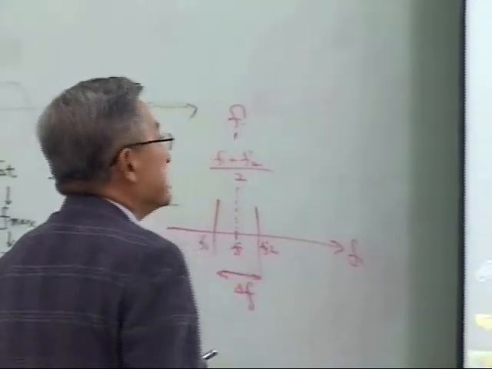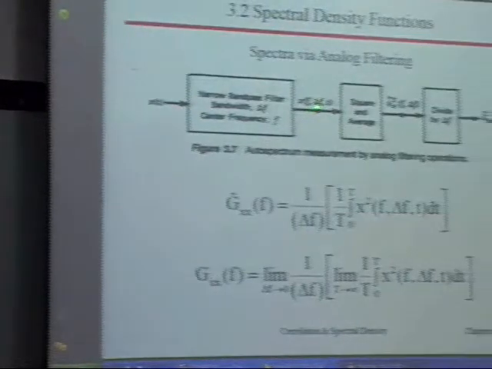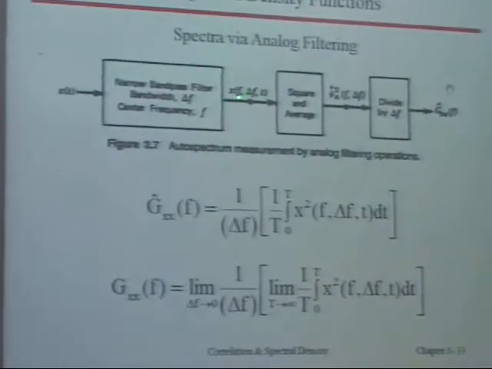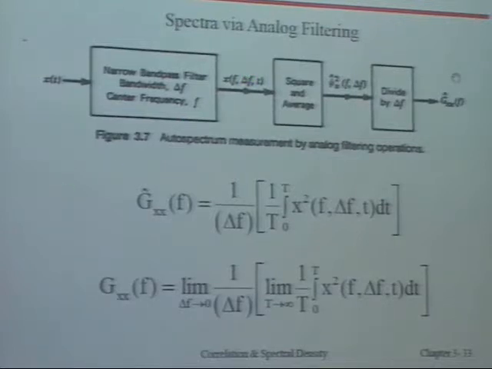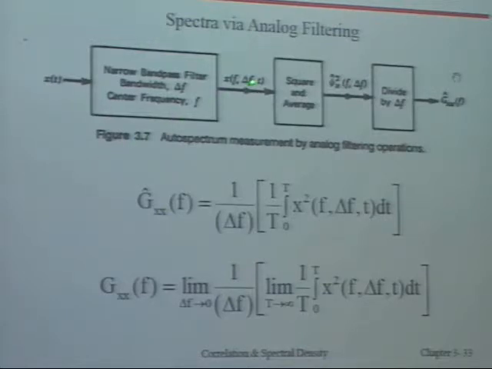Then you will get the signal related to the center frequency and frequency size, F2 minus F1 is delta F. Of course this is a time domain signal.